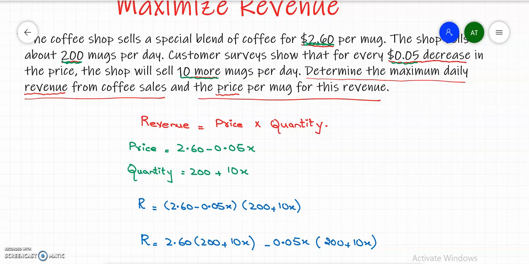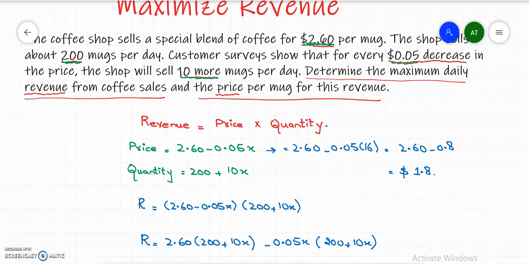So just plug 16 into the price: 2.60 minus 0.05 times 16. That would be equal to 2.60 minus 0.8, and what is the price? That would be equal to $1.8. So the price per mug for this revenue is $1.08.